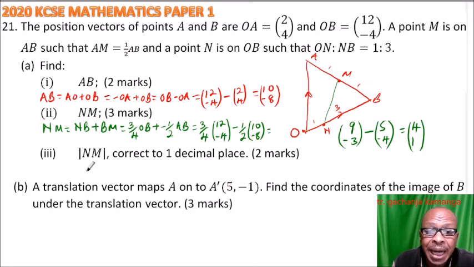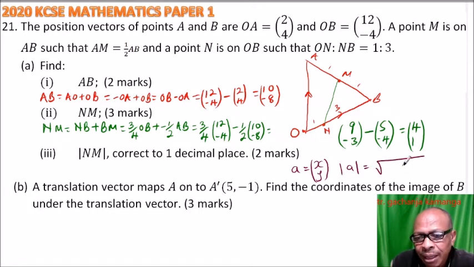We come to part 3, Roman number 3. We are required to find the magnitude of NM. Now, magnitude, remember, when you are taught that if you are given A equals X and Y in column vector, the magnitude of A is equal to the square root of X squared plus Y squared.